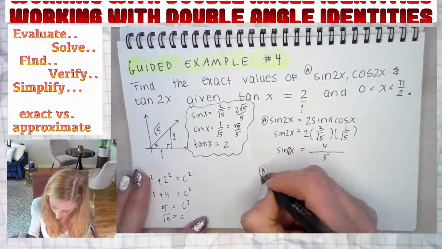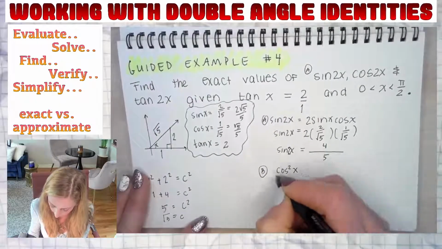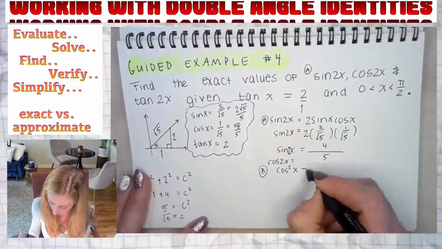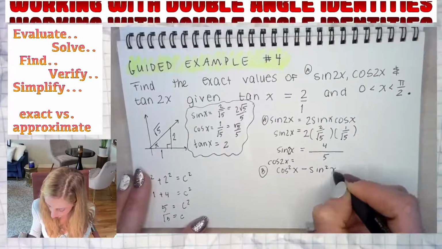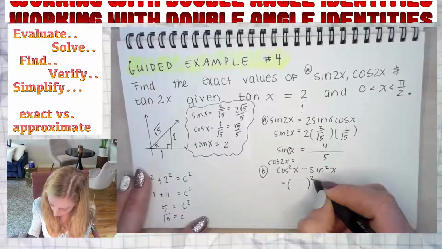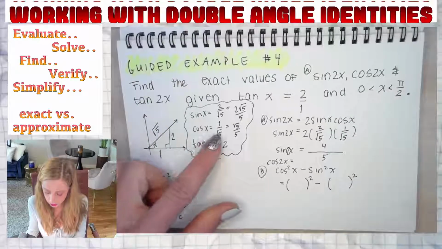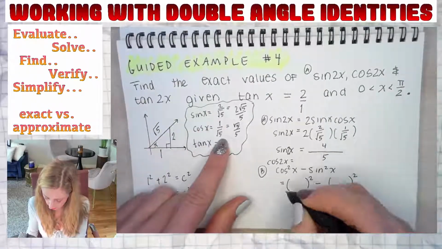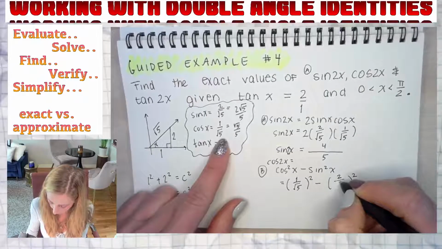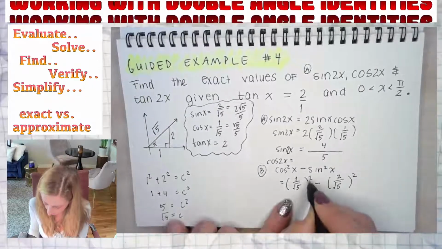Part B is cosine 2x, and I can use cosine squared x minus sine squared x. I should have written that, I'm sorry: cosine 2x equals cosine squared minus sine squared. Again, look what happens when I use the one that isn't rationalized. Carefully, let's go in the right order. That's 1 over root 5, and that's 2 over root 5. Think ahead. Don't do something unless it seems like a good idea.